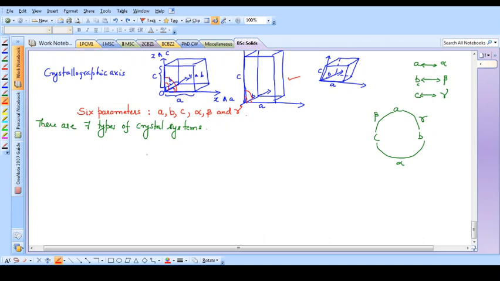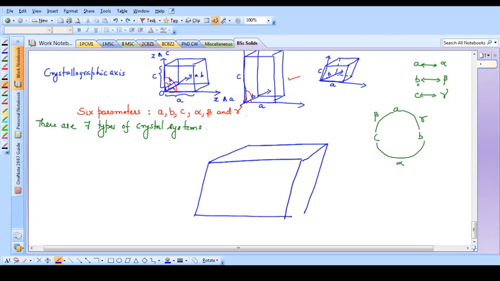Okay, so let me draw a unit cell which is not having a specific shape. It is having some shape, a three-dimensional unit cell. By convention, I will take this as origin, this as the a-axis, this is the b-axis, and this is the c-axis.